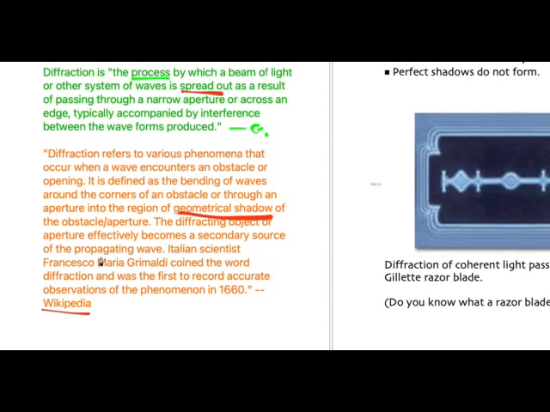The Italian scientist Francesco Maria Grimaldi coined the word diffraction. So where do we get this word? We got it from this Italian scientist, Signor Grimaldi. And he was the first to record accurate observations of the phenomenon in 1660. Now, 1660 was the time of Isaac Newton.